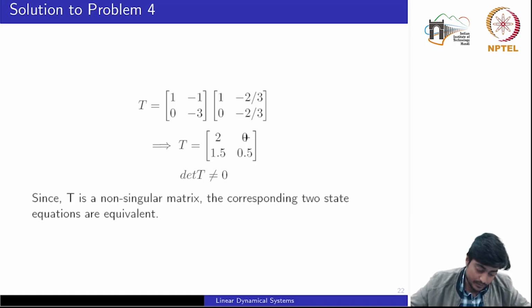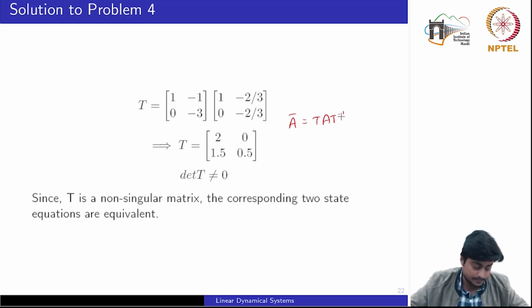So we have computed two different non-singular transformation matrices by which those two pairs are equivalent. Now you can verify by yourself that for this T matrix, the first relation, that is A bar is equal to T inverse A T, should also be verified.